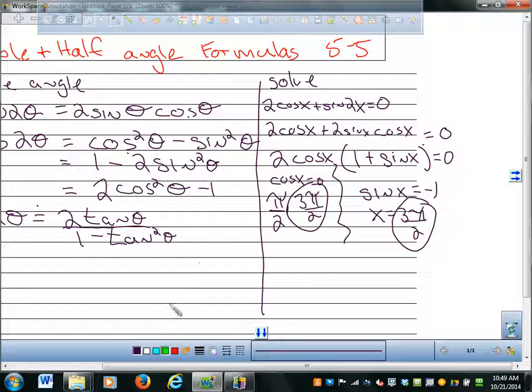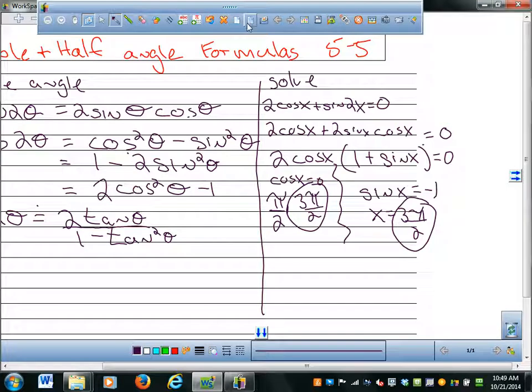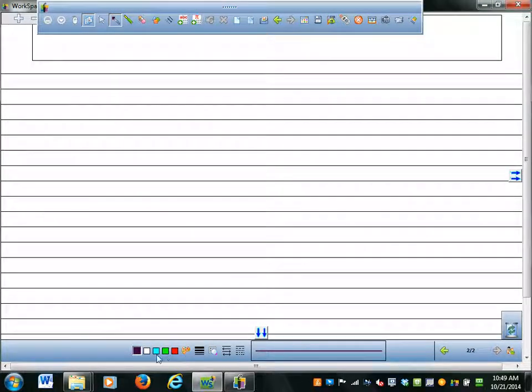So, what if I want to do the same thing? Let's do one where they say something like this. I'm going to jump ahead. I use a green pen because I'm tired of this color.